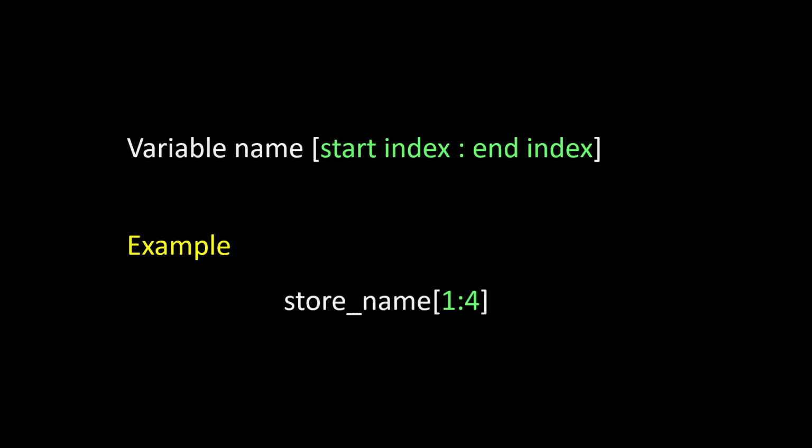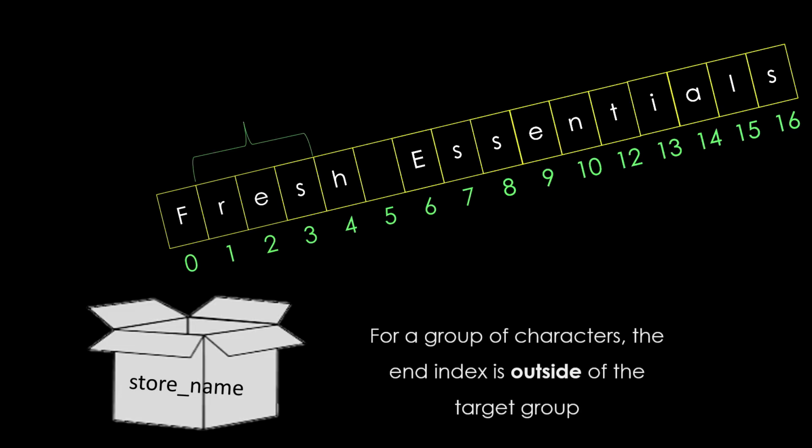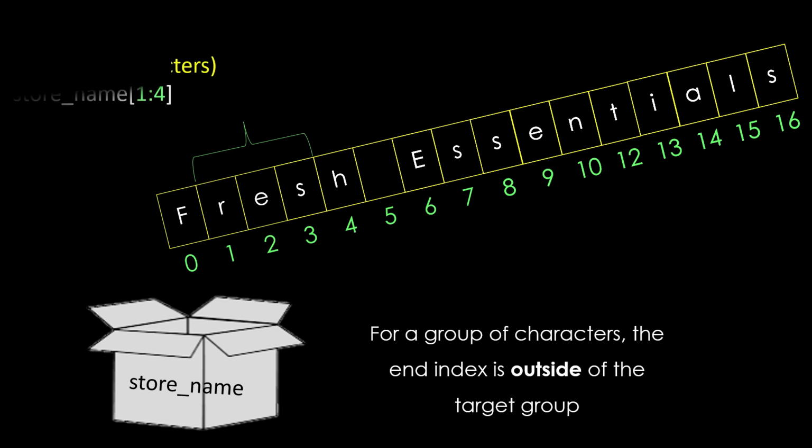Here, the important catch is the end index is exclusive. This means with end index 4, we can print characters up to and including index 3. So, you can see that this syntax will extract the second, third and fourth characters of the variable store_name.